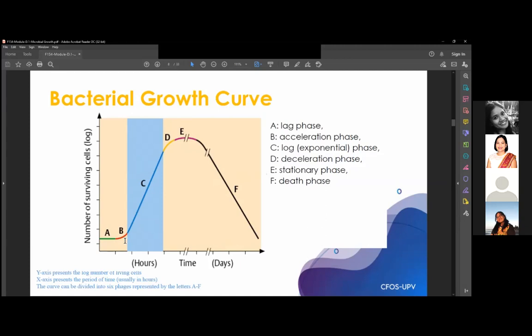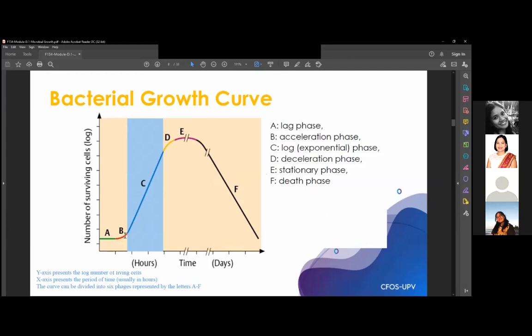Upon inoculation, it will undergo this phase A. There is no growth yet and no increase in number. By the way, bacterial growth refers to the increase in number of bacteria, not the increase in size, since they don't increase much in size. We are considering their growth on the basis of their number. Okay?